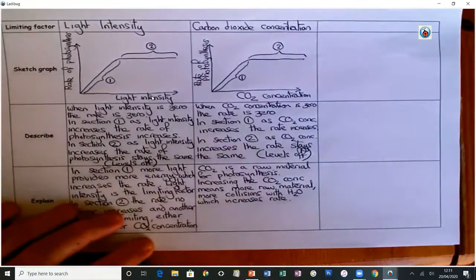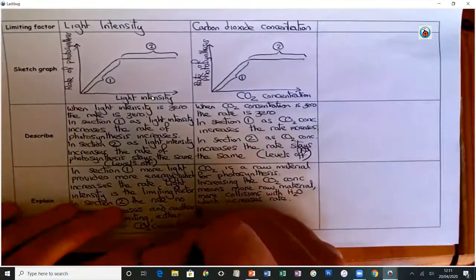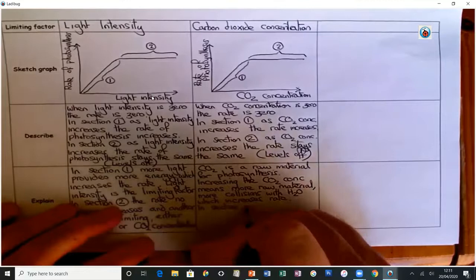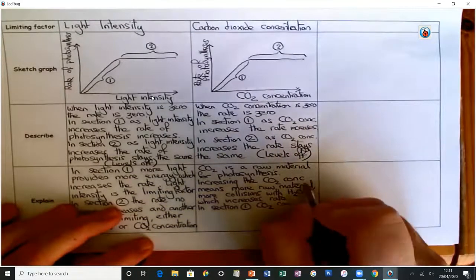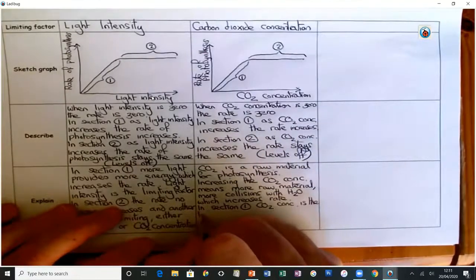Now looking at the graph, we can see in section 1, carbon dioxide is the limiting factor. So in section 1, carbon dioxide concentration is the limiting factor.